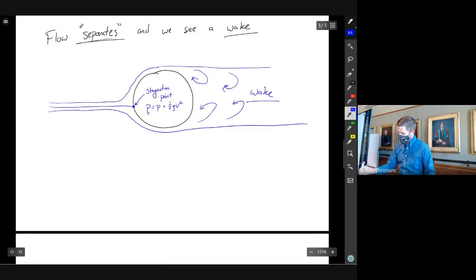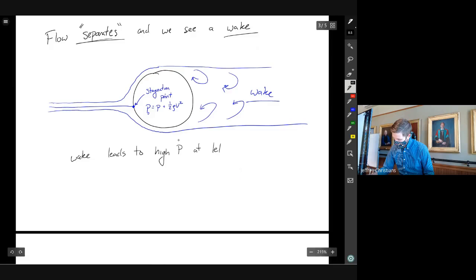Functionally, what happens is this wake leads to high pressure at the left/front, the left in my picture, and low pressure at the right/back of the object.